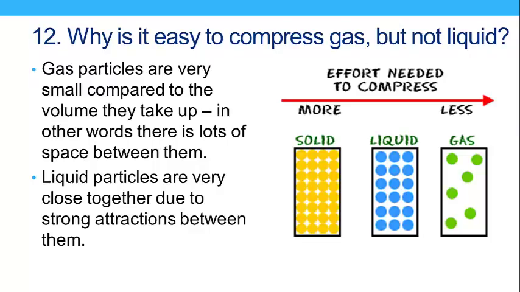In the event of a liquid, those molecules are already very strongly attracted to each other, so they're already very close together. When they're already so close, it's difficult to compress them further because they're almost already touching. In the case of a solid, the particles are all touching, so it's very difficult to squeeze them any closer.